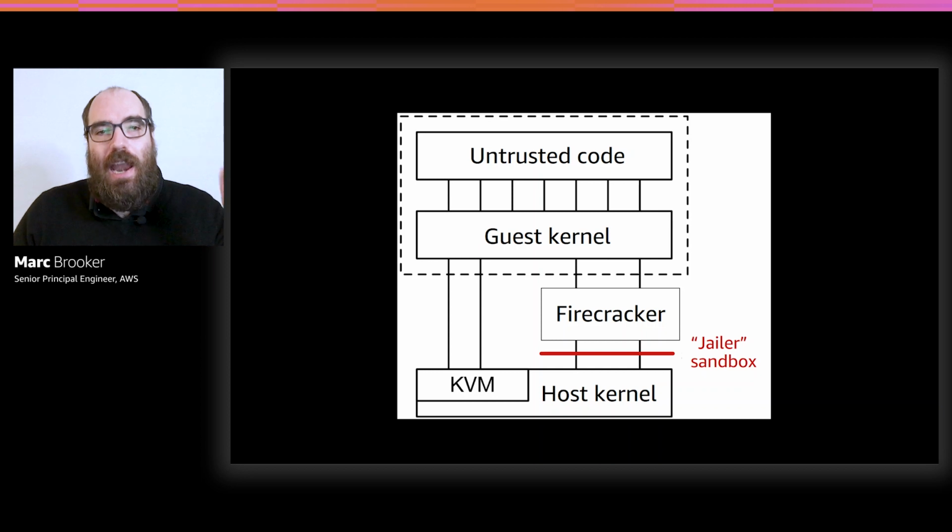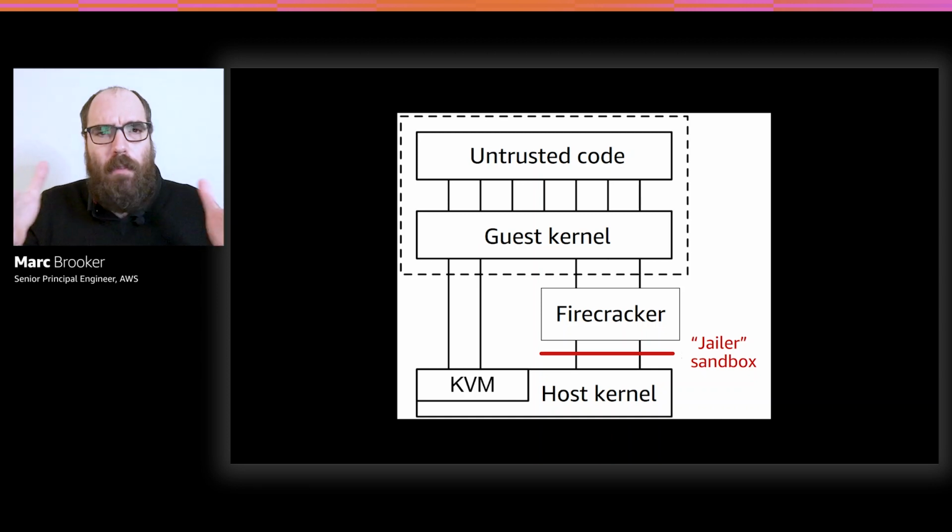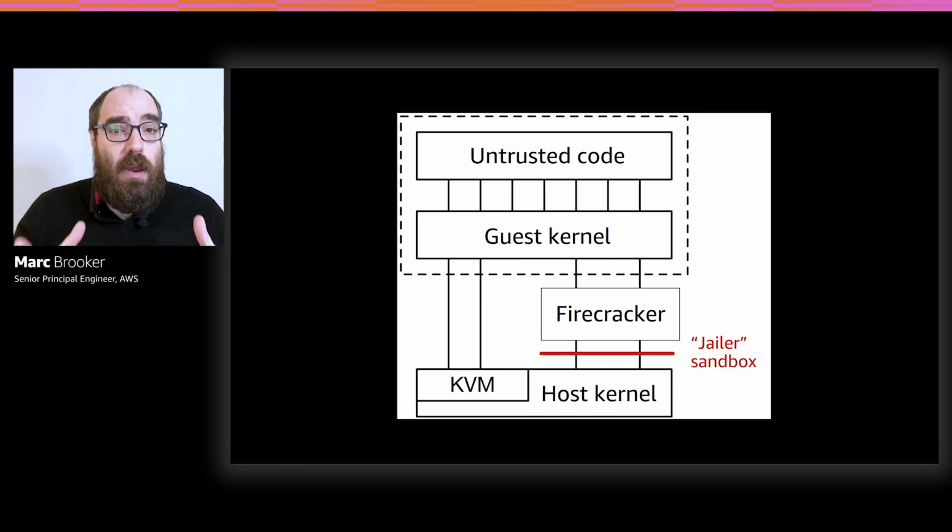So in the very unlikely event that your code is compromised, and that an attacker is able to get through the guest kernel, get through the virtualization layer, and run code in the Firecracker process, they're faced with a very restrictive sandbox. So again, that virtualization boundary, that micro VM boundary, the dotted boundary in this diagram, is the primary security boundary, the one that you should be paying most attention to.